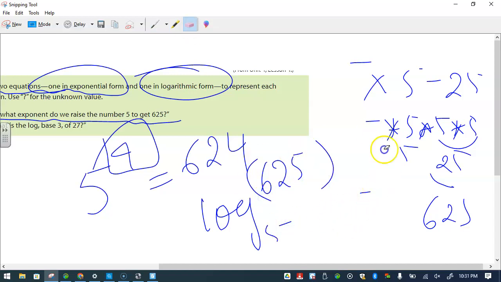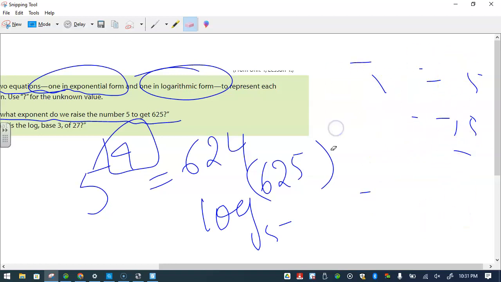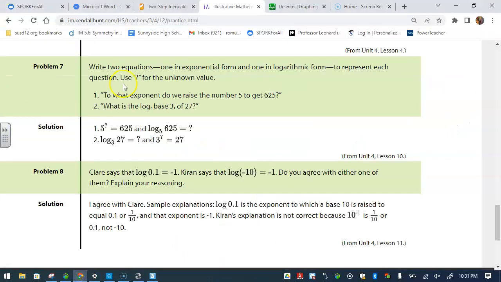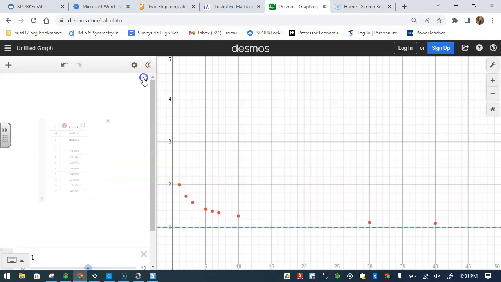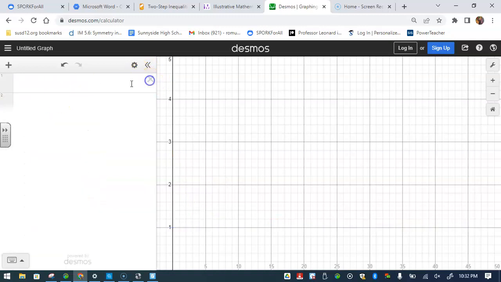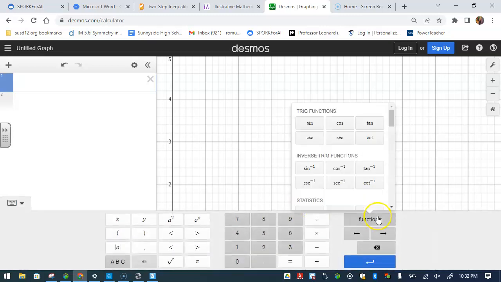It's asking a question: how many times do you multiply 5 to get all the way to this? And your answer has to be 4. And you can check with the calculator. I just want to make sure you understand. If I go back here, take everything off, and go right here, get the function log.